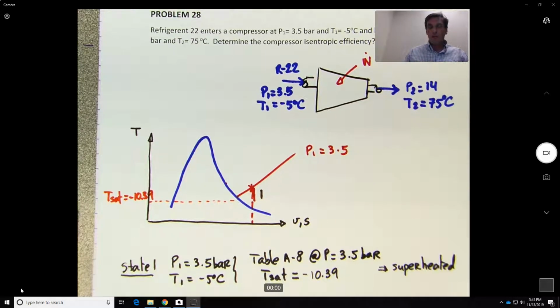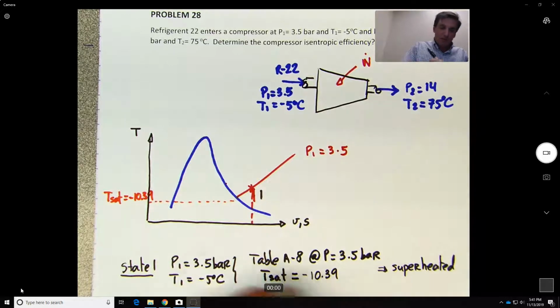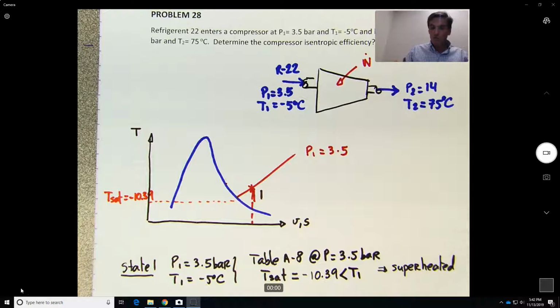Okay, and if you want, since we are here, maybe we can look at what happens for the other one. So state 2, P2 equal to 14 bars, T2 equal to 75 degrees Celsius, and from table A8 at P equal 14 bars, what do we get? T saturation, so this is lower than T1, superheated.